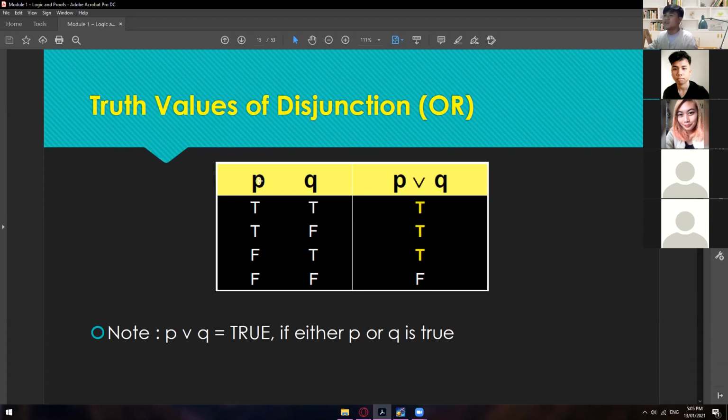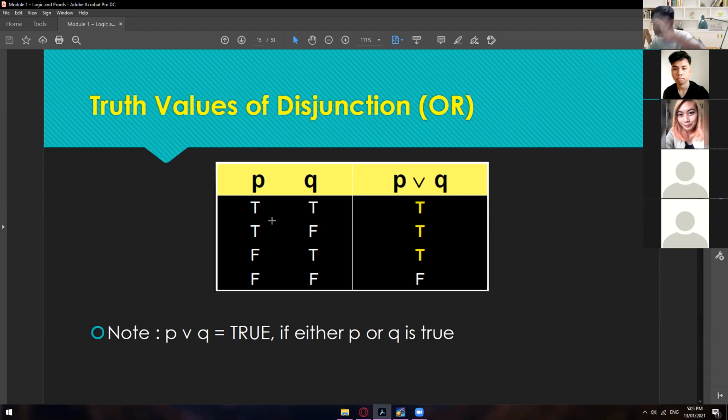Anyway, so here's the truth value of disjunction or the or. In or, ito lang din tatandaan nyo: if there is one statement that is already true, and even though the rest are false, the result is already true. As long as there is one that is true, kahit ilan pa yung false.